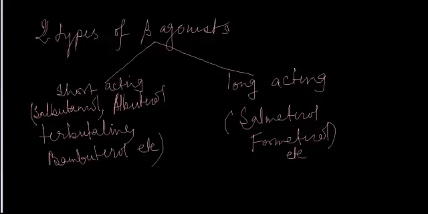We have salmeterol, formoterol, etc. The short-acting category starts acting almost immediately, within 3 to 5 minutes, and the duration of action is not very long, 4 to 5 hours. Salmeterol, on the other hand, goes a long time and the action can be prolonged up to 12 hours. These are used mainly for maintenance. So, once again, the short-acting categories are quick-acting and they are used as rescue medicine.